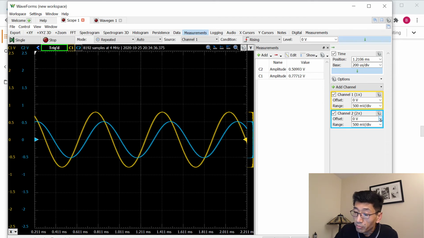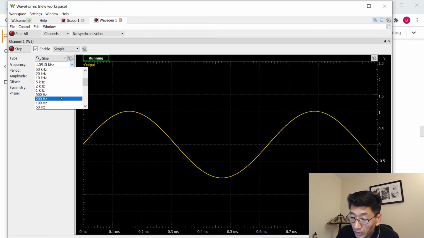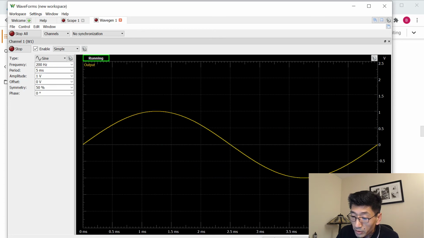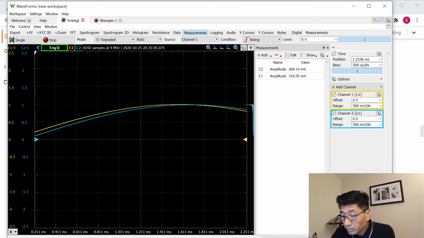Let's go even lower and see if there is anything else going on there. Let's go to maybe 159 hertz. In this case, I need to first change it to hertz and then change the number to 159.15. Let's see the scope. Now they're really close, right?